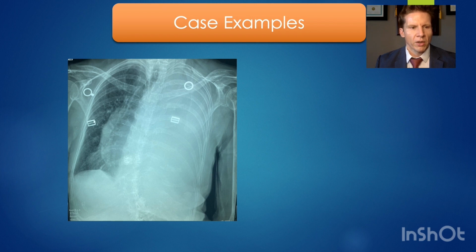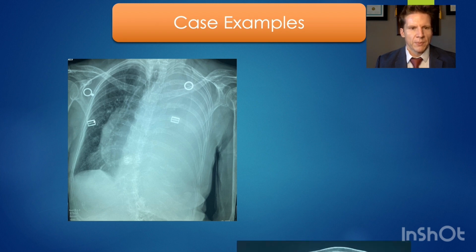The right heart borders are also displaced to the right, so the whole mediastinum is being displaced to the right side, and we have complete opacification of this left hemithorax. So again, is this a volume occupying process or a volume loss process? So in this case, it's pretty obvious that there is a space occupying process here, producing mass effect on the mediastinal structures and resulting in some volume loss on this contralateral side.